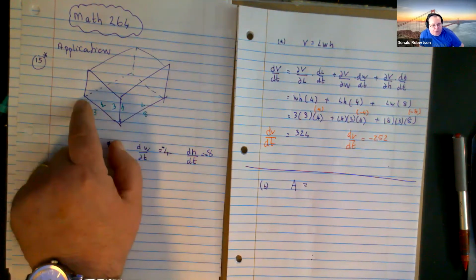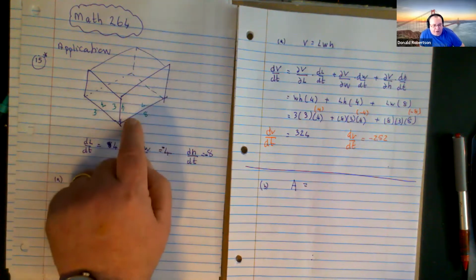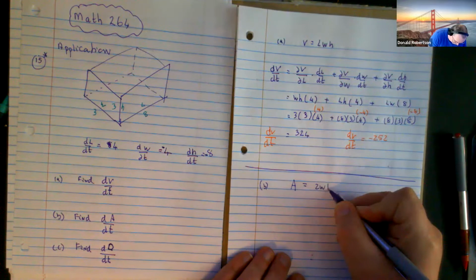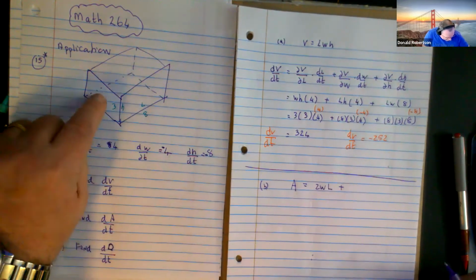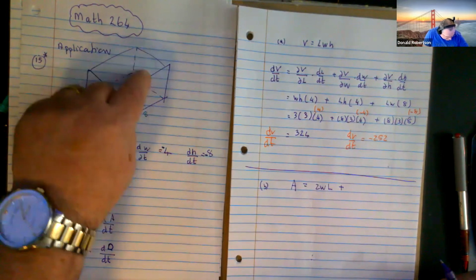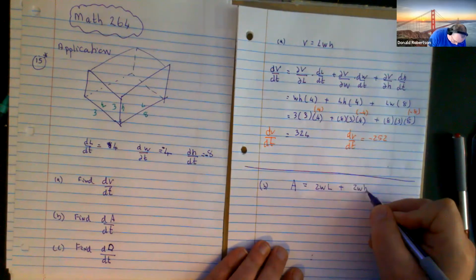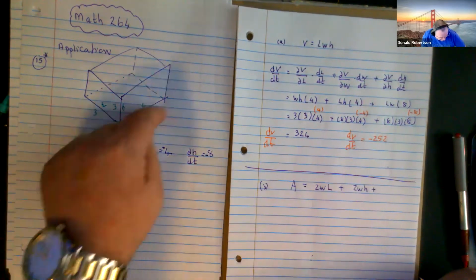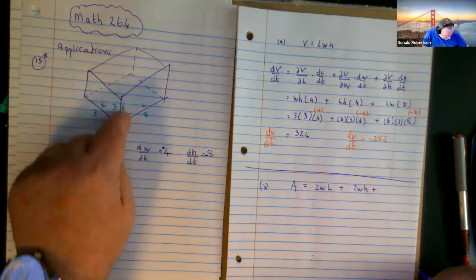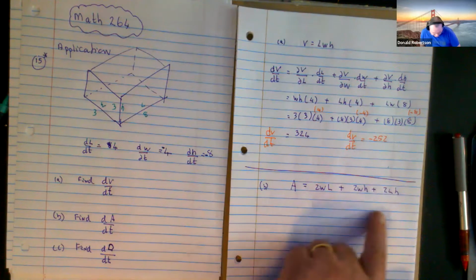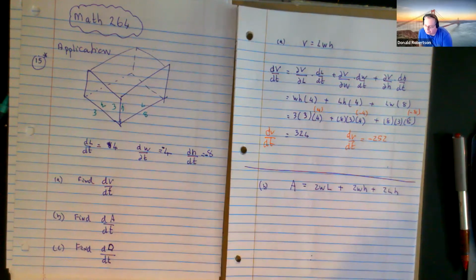So if you look at the bottom, it's a W times L, but there's a roof and a floor, so that's 2 WLs. If you look at this front panel and this back panel, they're W times H, and there's 2 of them. And if you do the side panels, they're L times H, but there's a front and a back, so there's 2 of them. Are you comfortable with this formula and where it came from?